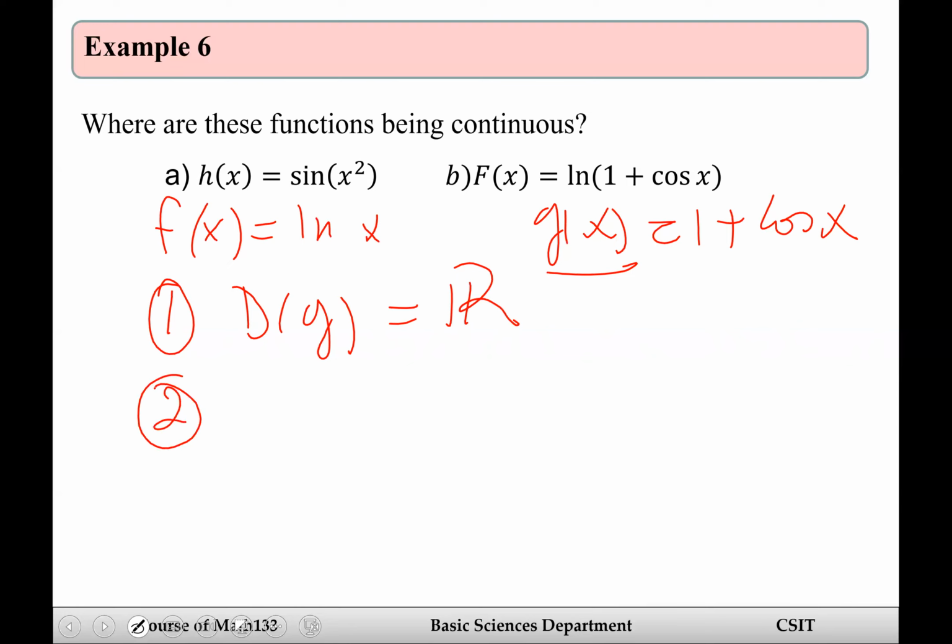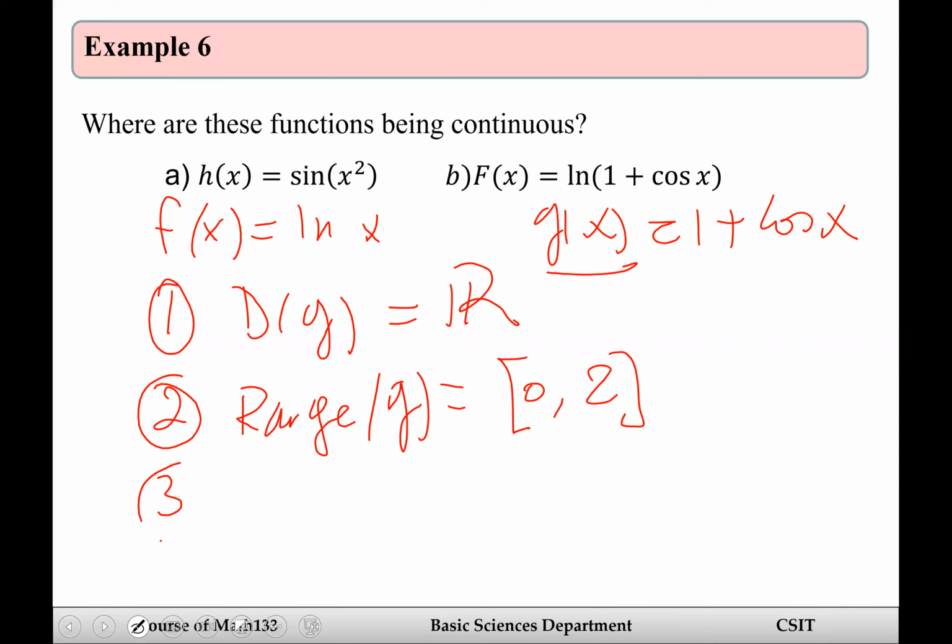So what is the range of g? This is from semester 2. You remember, cosine is all the time between -1 and 1. So we shift by 1, it will give [0, 2]. Now I need this range to be included in the domain of f, small f.